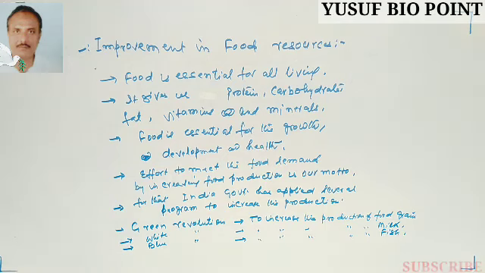In this way, so many revolutions are going on: the Yellow Revolution for the production of oil seeds, the Silver Revolution for the production of eggs, the Golden Revolution for the production of honey and horticulture. So there are several revolutions which are applied for the production of food.